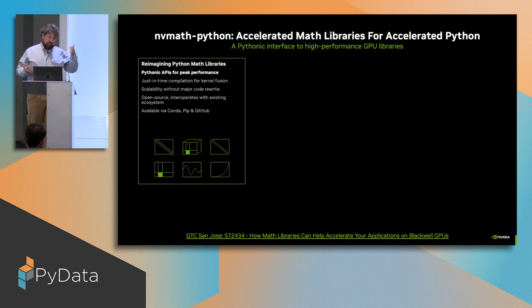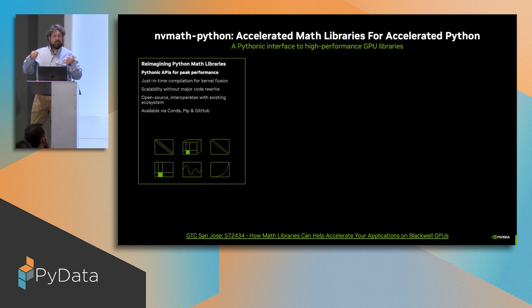We have over 80 math libraries, and often it's just like, I want to do a matrix multiply, but I have to know if I'm parallel, if I'm sparse, where the memory is, if I'm participating with multi GPUs. It just becomes a complexity of choices to get the maximum performance.